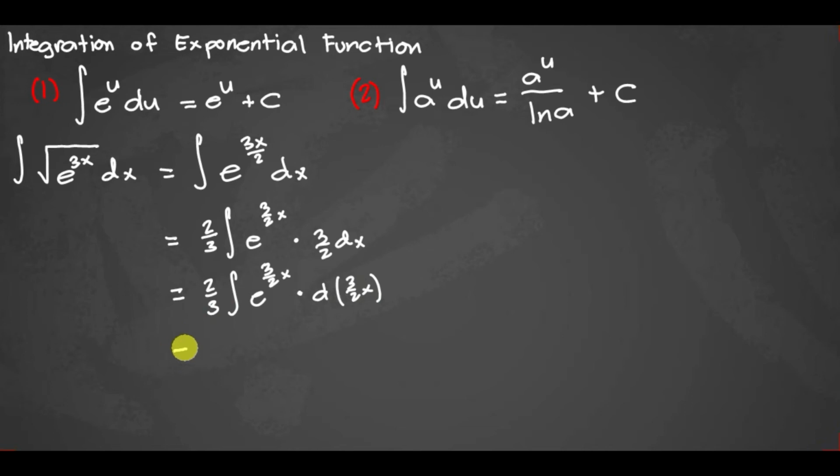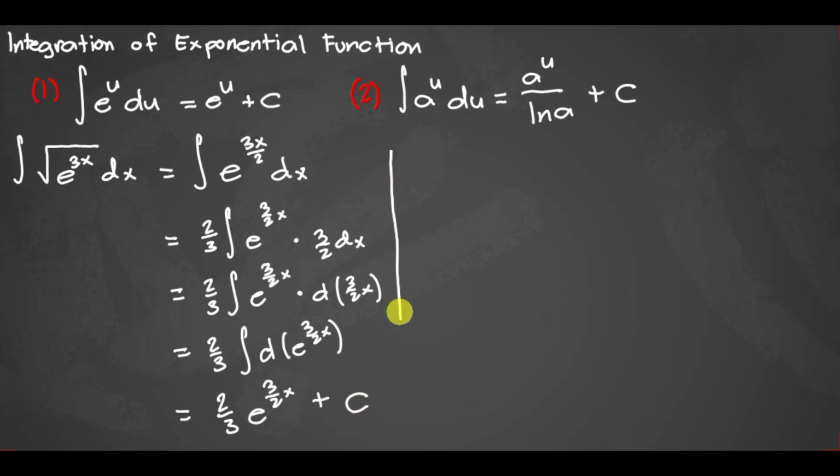Again, rewriting our equation, 2/3 the integral of the differential of e raised to 3/2 x, and applying the integration of our function, this will become 2/3 e raised to 3/2 x plus c.